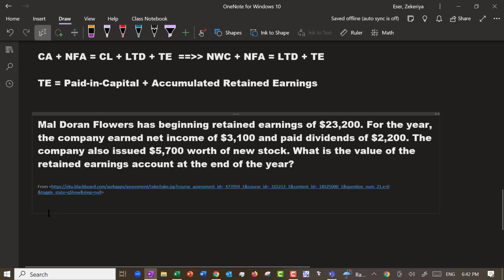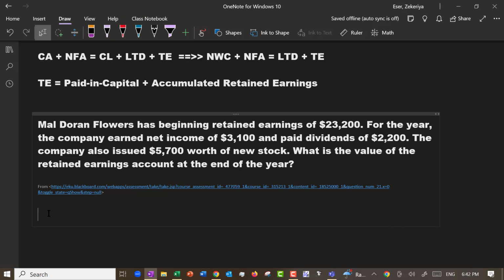Okay, at the beginning of the year, they had retained earnings of $2,200. They earned $3,100 and paid dividends of $2,200. They also issued $5,700 worth of new stock. What's the value of retained earnings account?